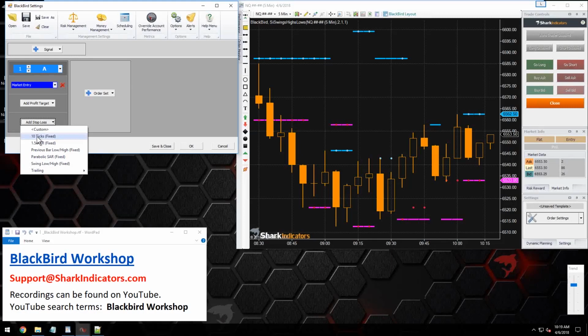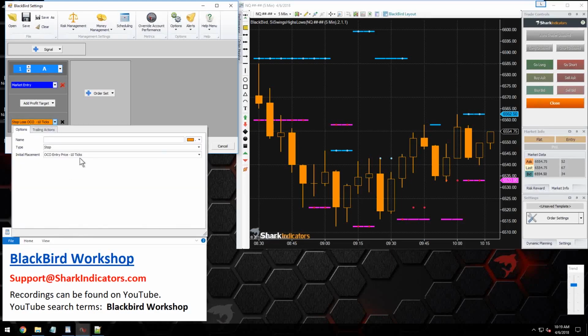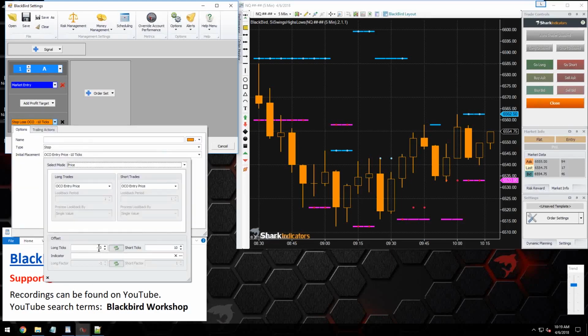So if you're using an indicator, quite often you'll have to use a fixed stop loss to start yourself off with, in case the indicator is not plotting in the correct location. So go in there and set yourself a comfortable stop loss. I'll just increase this to 25 ticks. This is a 5-minute chart. I'm guessing 25 ticks is probably okay, but who knows?